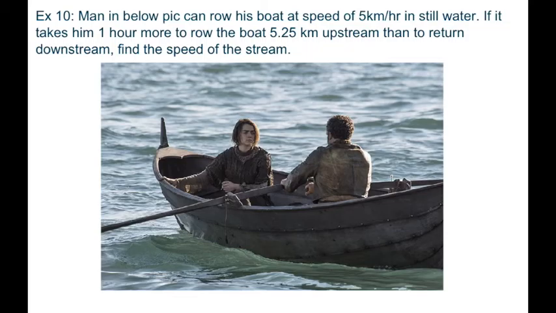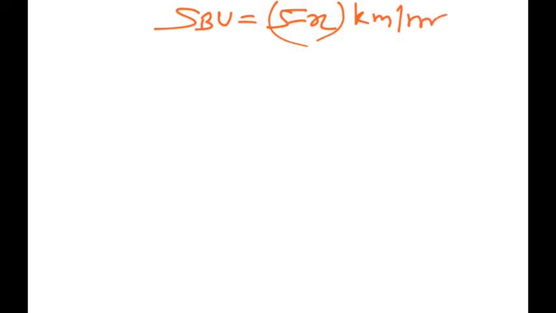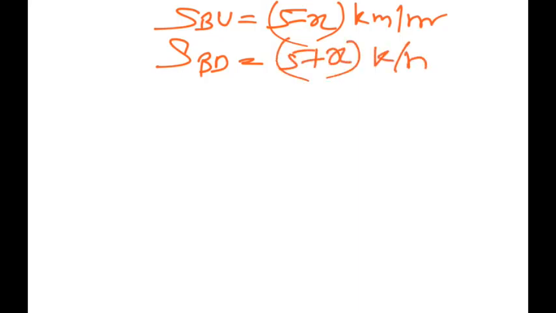Okay, so let's say the speed of the stream is x km per hour. Now let's use the given conditions. Speed of the boat upstream would be 5 minus x kilometer per hour, and speed of the boat downstream would be 5 plus x kilometer per hour.